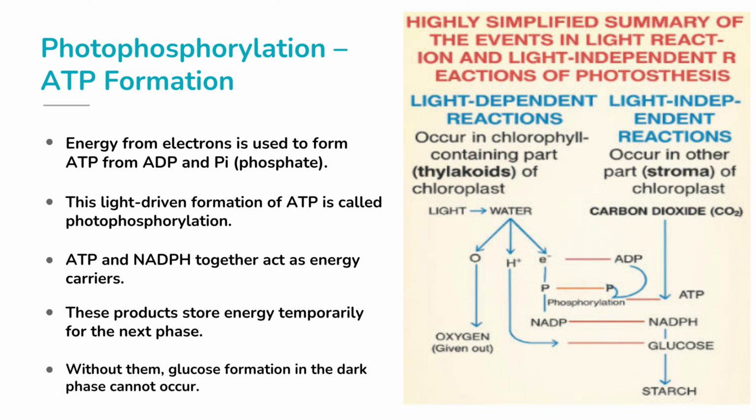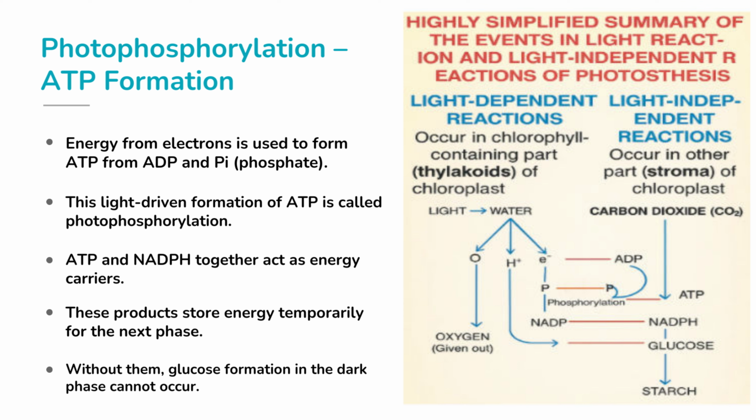Let's carefully follow this diagram that beautifully summarizes photosynthesis. On the left, we see the light-dependent reactions which take place in the chlorophyll-containing thylakoids. When sunlight strikes, water molecules split into hydrogen ions, electrons, and oxygen. The oxygen is released, that's the very gas we breathe. Now, notice the pathway of the electrons. As these electrons move down the electron transport chain, their energy isn't wasted.